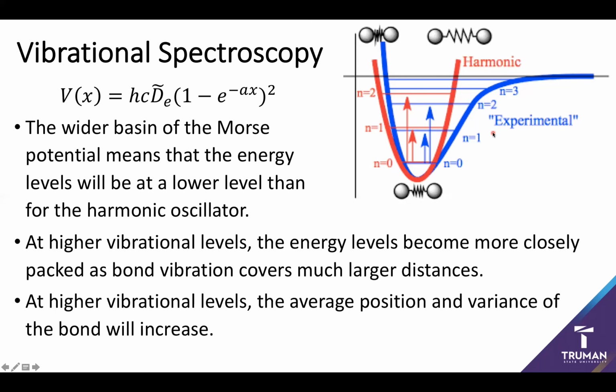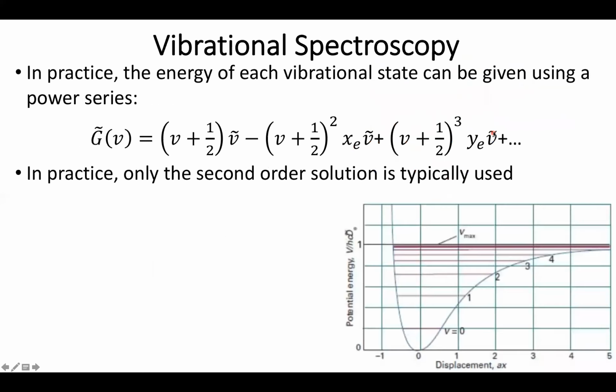However, we also need a mathematical way to describe these energy levels. And it turns out that we use our favorite physics friend, a power series. Not too surprisingly, the first order solution for a power series is simply going to be the harmonic oscillator solution: v plus 1/2 times the vibrational constant.